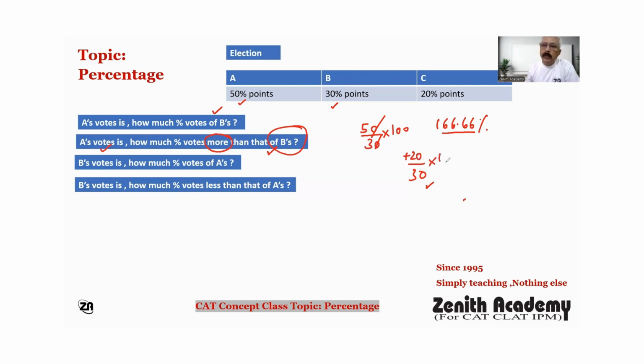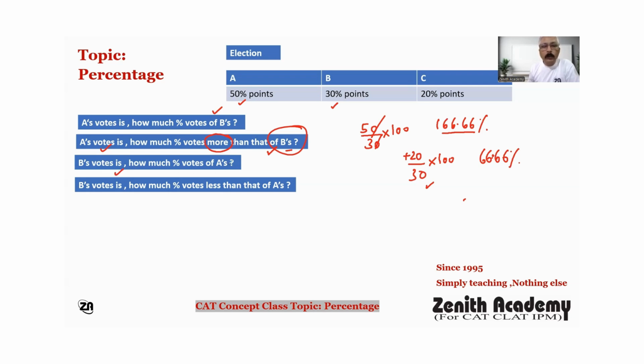So with respect to 100, it is 66.66% more votes than that of B. Correct? Here, how much percent more than B, with respect to B? When B got 30, A got 20 more. So when B got 100, A got 66.66% more.